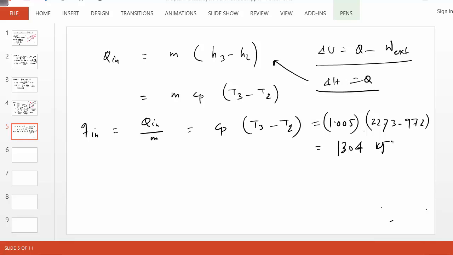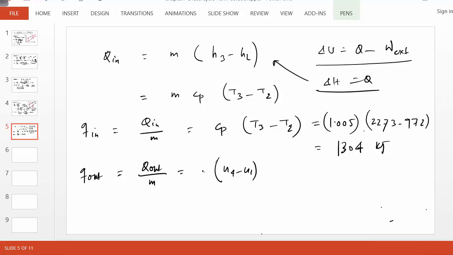Similarly, Q out can be calculated as M times, sorry, not H, it will be U4 minus U1, right? Because volume remained constant during the heat rejection process. There is no M, I'm sorry, I divided by M already.